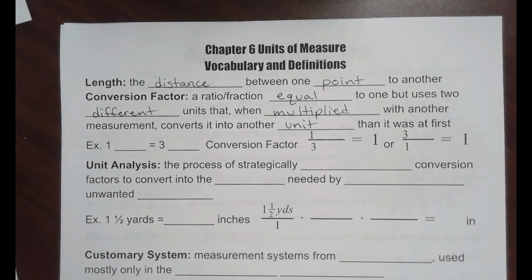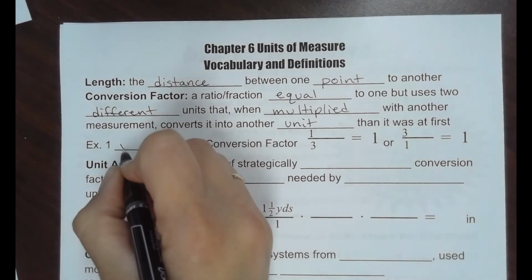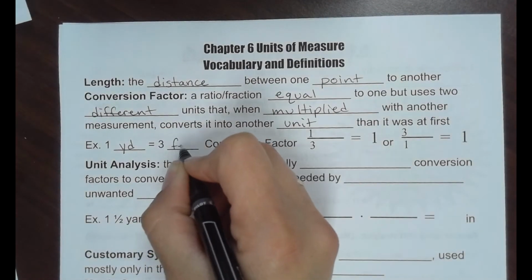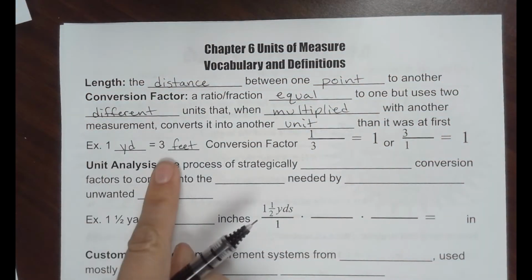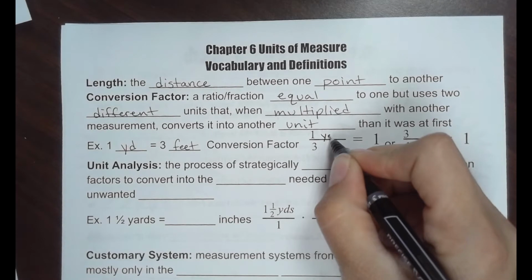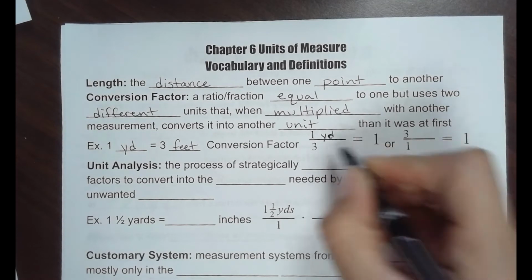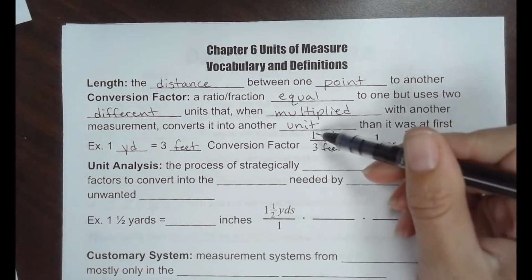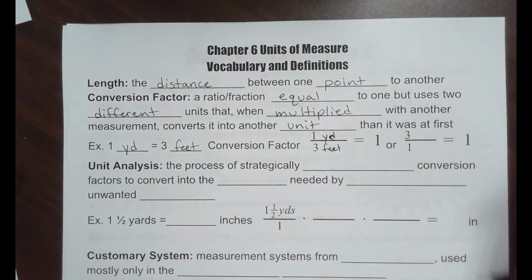So example, 1 yard is equal to 3 feet. So since these are equal to each other, our conversion factor is 1 yard over 3 feet. Because these are in different units, but they are equal to each other, it's equal to 1.